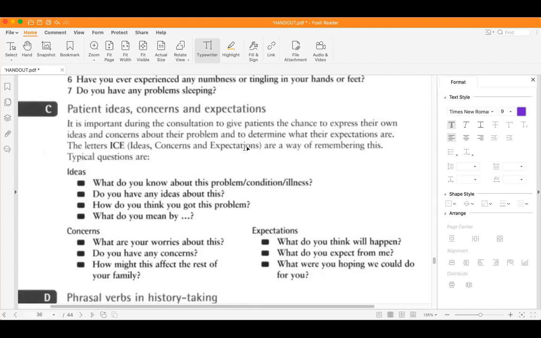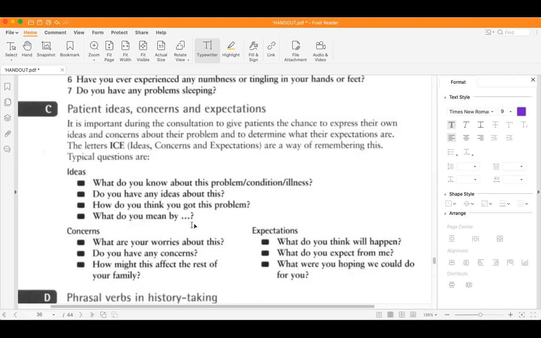Of course, this is the perfect way of examining. What do you know about this problem, condition, illness? Do you have any ideas about this? How do you think you got this problem?